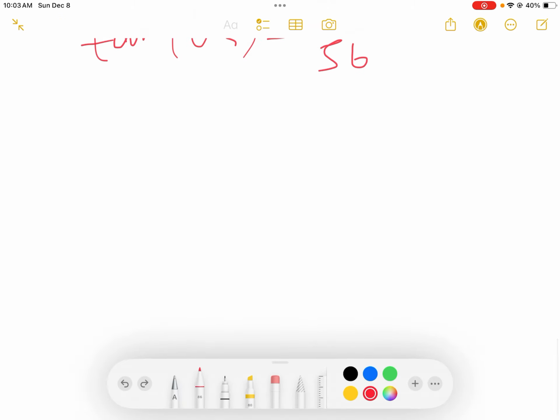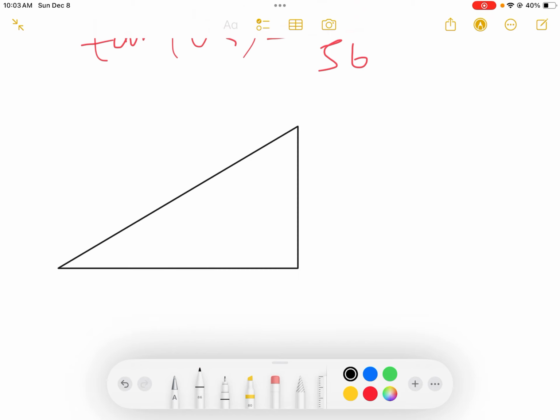Let's draw our triangle with angle theta 3. Right? We said this was our angle theta 3. And remember, theta 3 is supposed to be the smallest angle in this right triangle. So theoretically, it should be opposite the smallest side in the triangle.